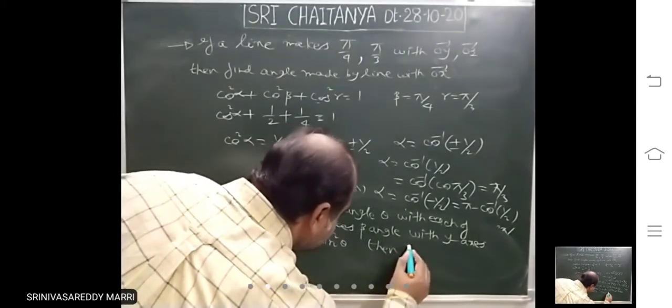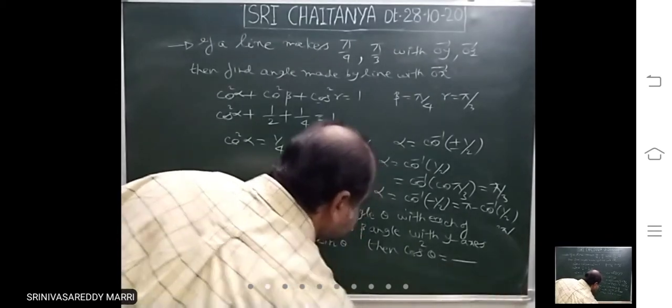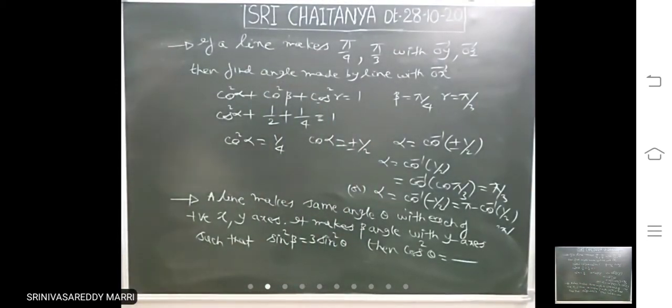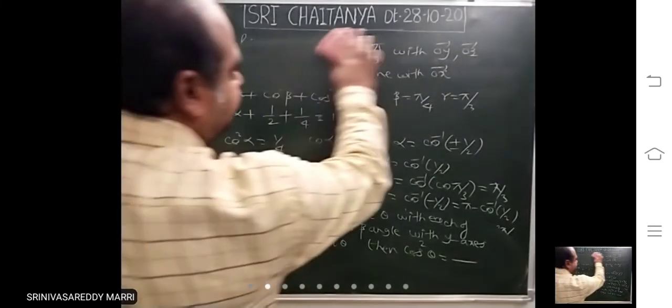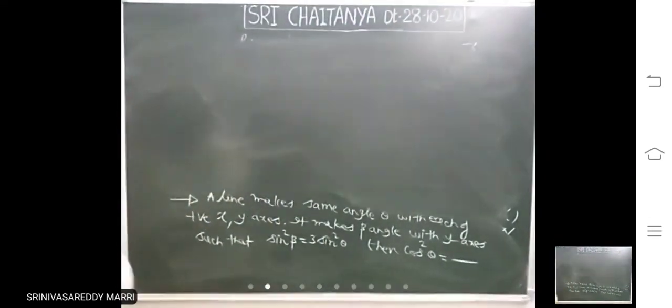Then cos square theta equals dash. So this is also based on angle relations.